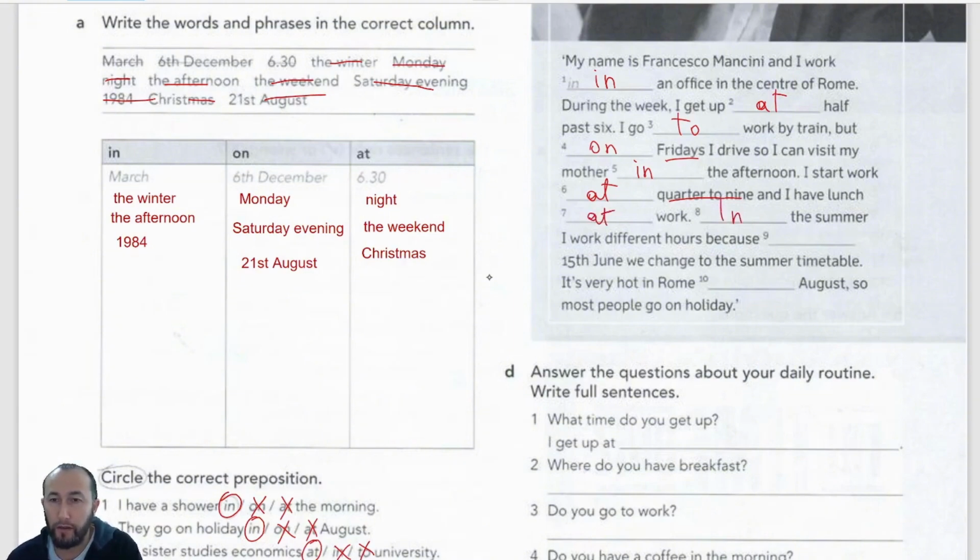Season comes with in. In the summer, I work different hours because on the 15th of June, that's the date, we change to the summer timetable. It's very hot in Rome in August, that's the month, so most people go on holiday.